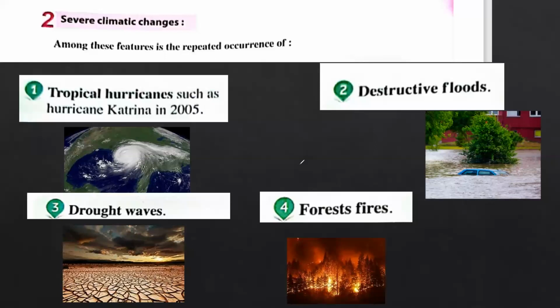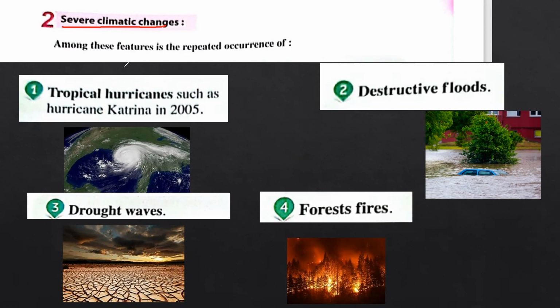Melting the snow is not the only thing that will happen due to global warming. We also have severe climate changes. Severe like what? Like tropical hurricanes, such as Katrina that happened in 2005.